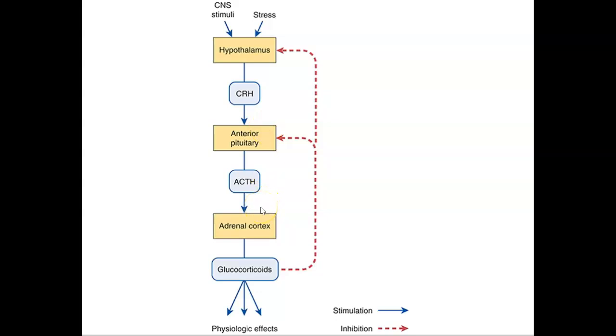So when you are on larger high doses of steroids chronically over time, you are shutting down your own feedback loop and telling your hypothalamus and your anterior pituitary to shut down their release of the CRH and the ACTH, which then tells the adrenal cortex, quit making our own endogenous glucocorticoid.